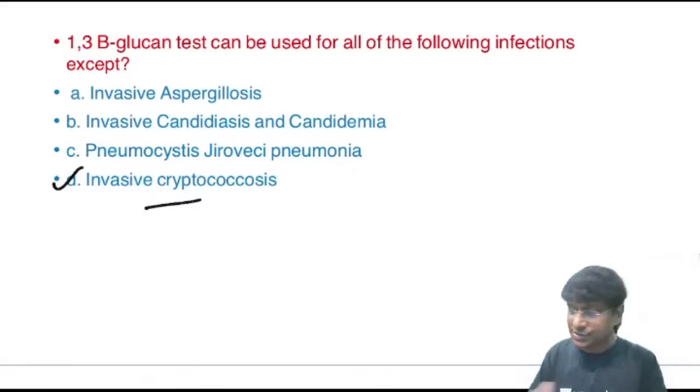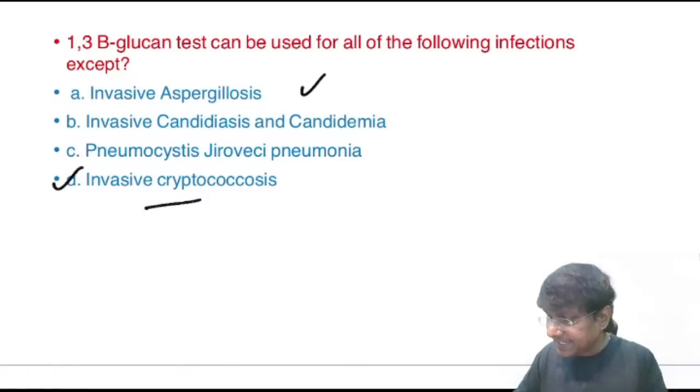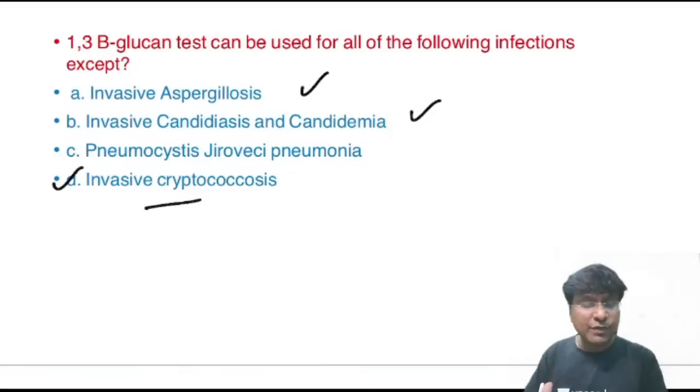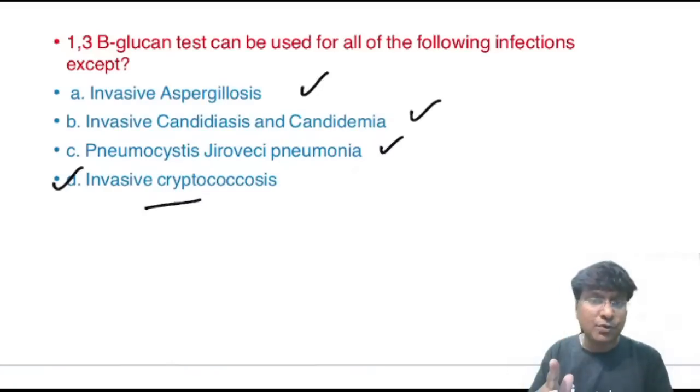Invasive cryptococcosis. So what the current guidelines say is that the 1,3 beta D glucan test is useful for the diagnosis of suspected deep-seated fungal infections such as aspergillosis and candidiasis, and it is also useful for the diagnosis of Pneumocystis jirovecii pneumonia, but it is not useful for cryptococcosis.